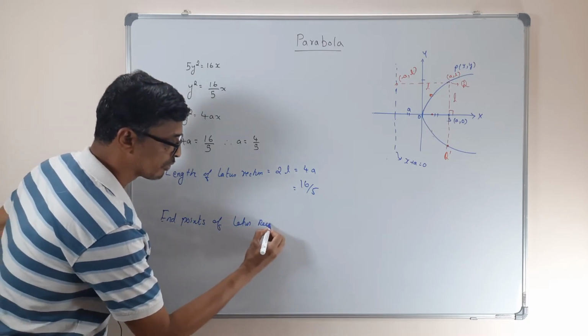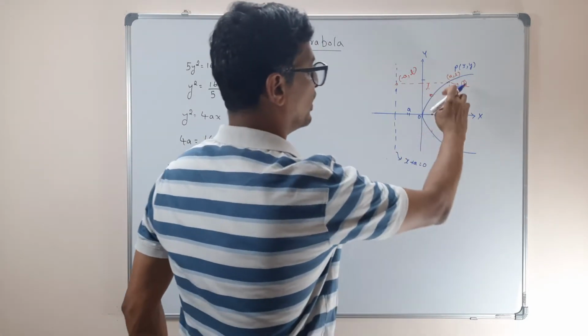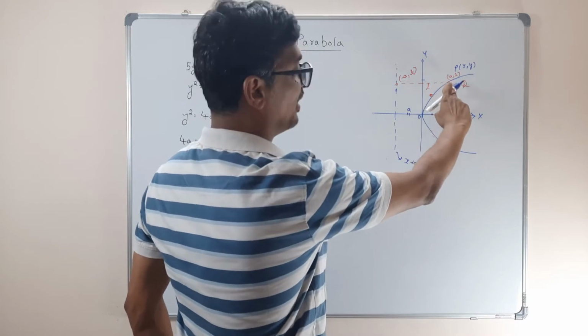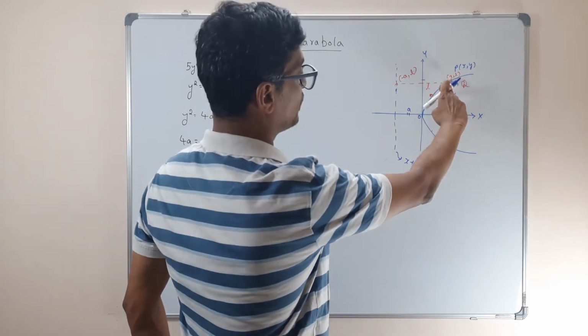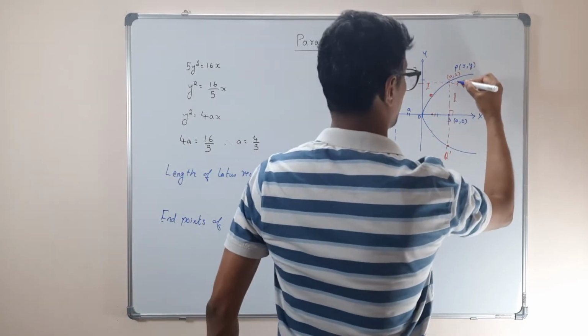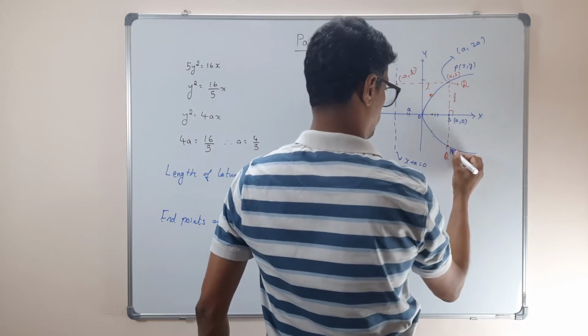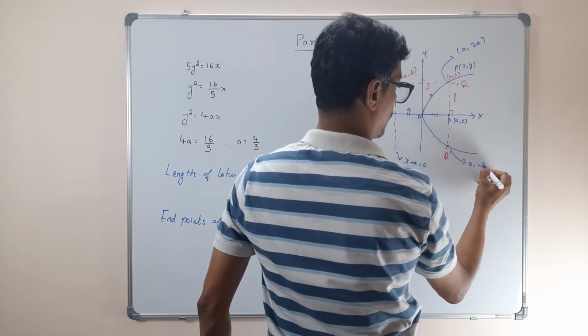We can use it from the previous question, exactly the same thing. There we have L equal to 2A. So this point will be A, comma 2A, and A, comma minus 2A.